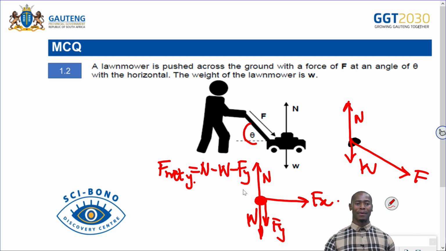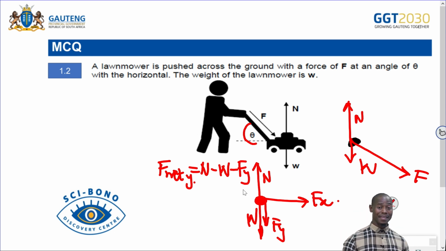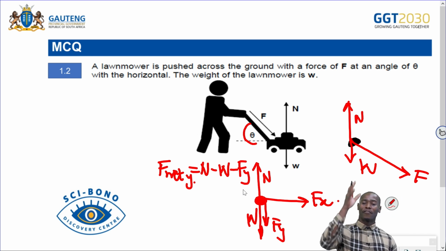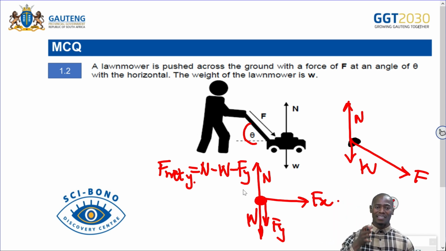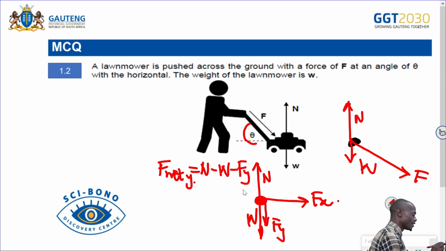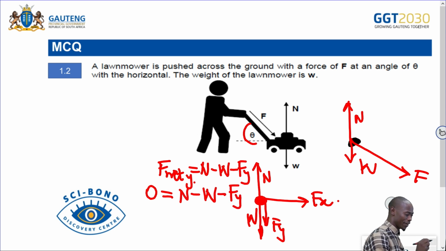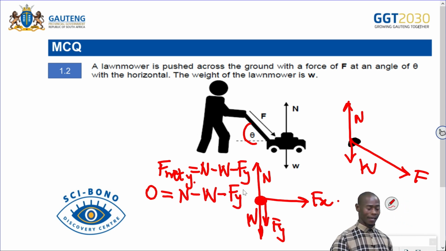Why minus weight minus Fy? They're acting in the opposite direction. So I'm taking upwards as positive, so downwards will be negative. But the forces perpendicular to the surface, in this case, their net force is 0. So I can say this is going to be 0 equals N minus weight minus the vertical component. Okay?